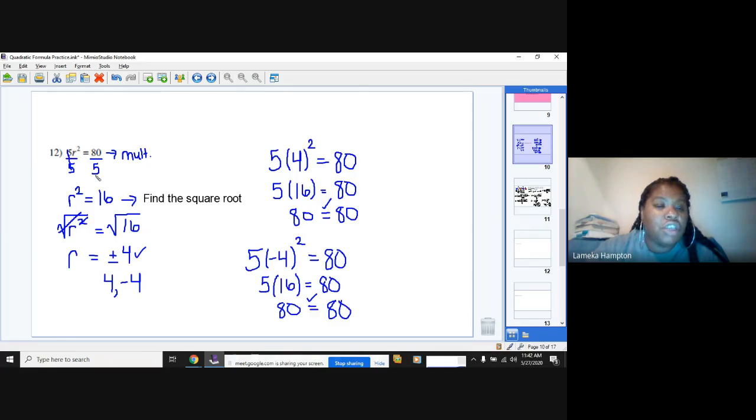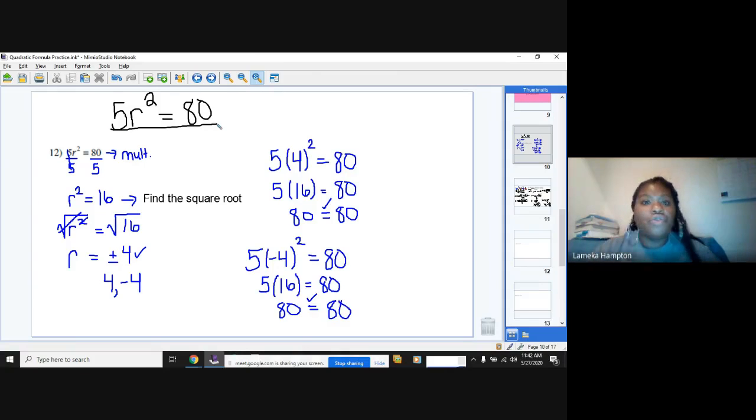Okay, so this was nothing more than a multiplication problem because I had a number with a letter. Now, the kicker was they threw this squared part in there, and it's equal to a number. So anytime you see anything like that, automatic, that's a multiplication problem.